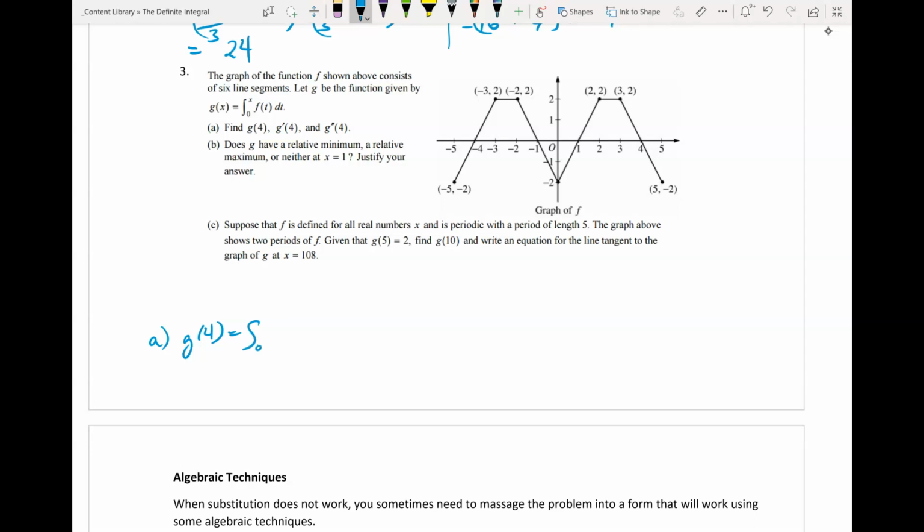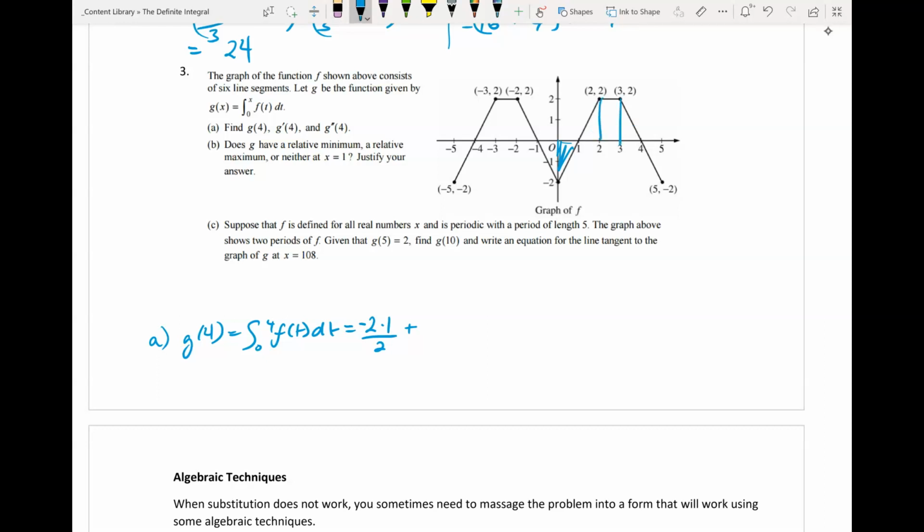So we're integrating from 0 to 4 of f of t dt, which means I'm looking at the area from 0 to 4. So all of this. So this area here is going to be 2 times 1 divided by 2. And it's also negative because it's underneath the x-axis. This next section here, I'm actually going to break into pieces.